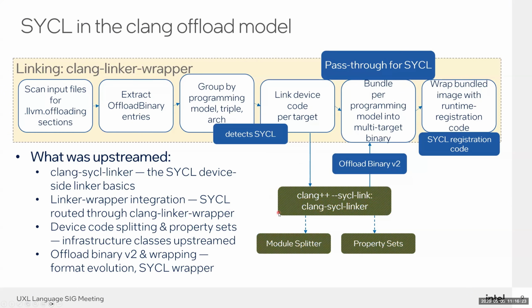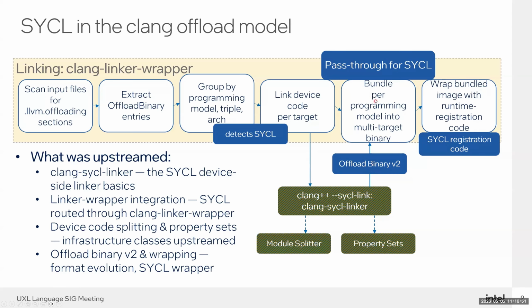And it runs a few steps which are necessary for SYCL. Some of them are module splitter and property sets generation, and I'll cover it also later in detail. Then it produces an offload binary version 2 format, which I'll also cover later, which we introduced as an extension to offload binary version 1.